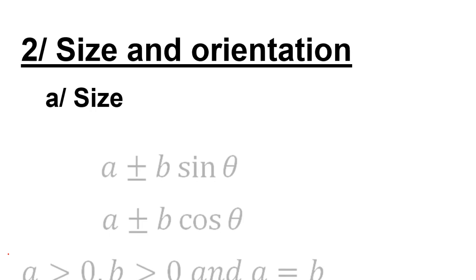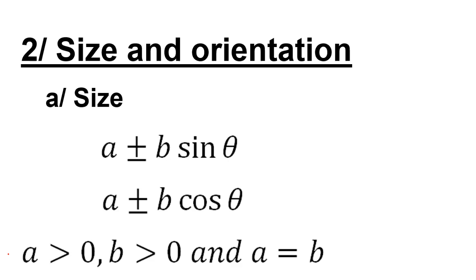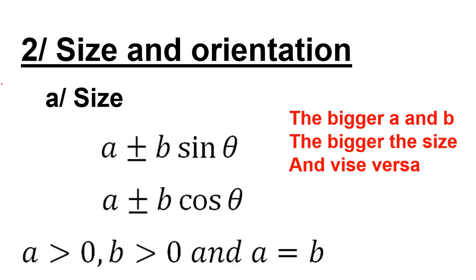Next, let's go to the size and orientation. Size. This is the equation of the cardioid. So the bigger a and b, the bigger the size, and vice versa.